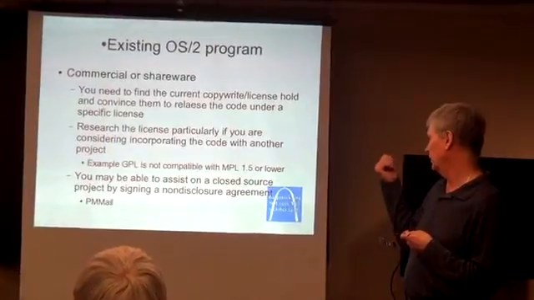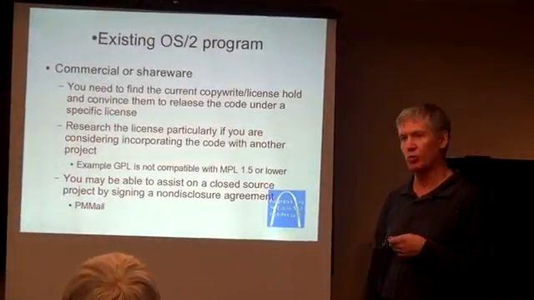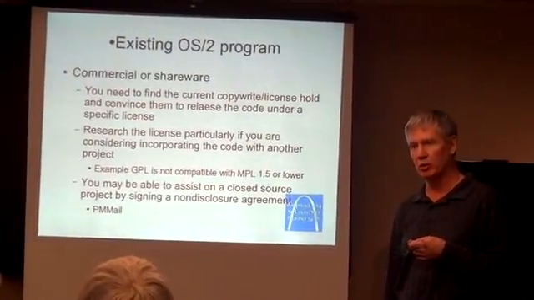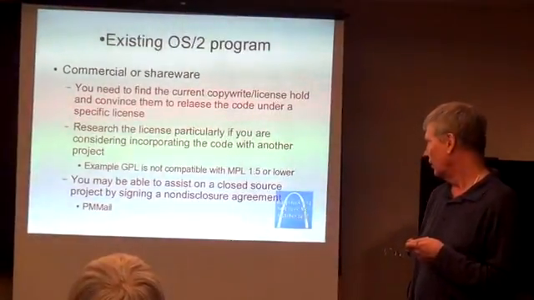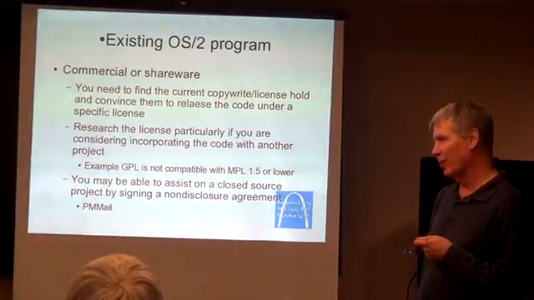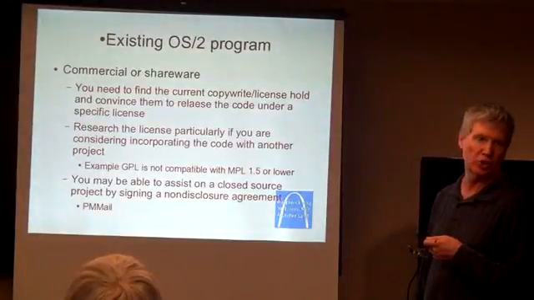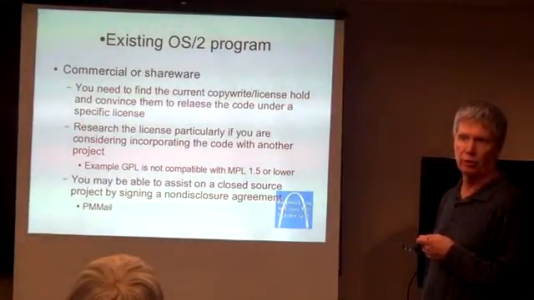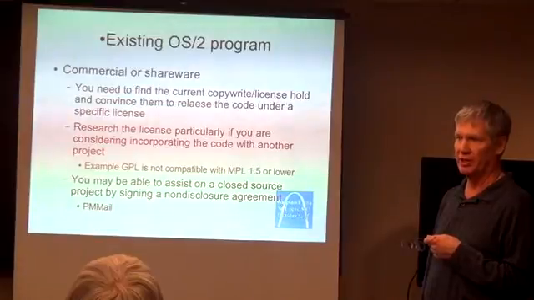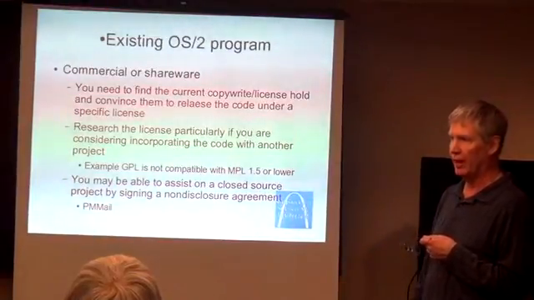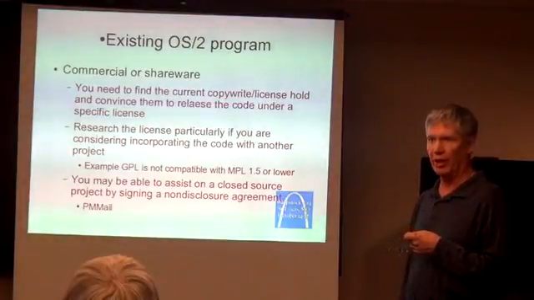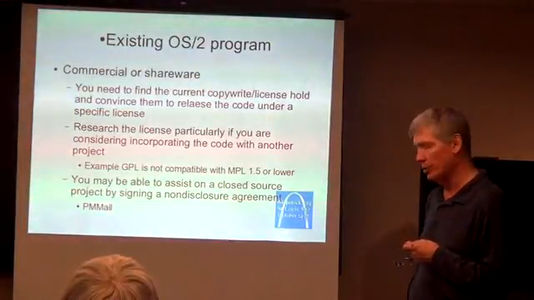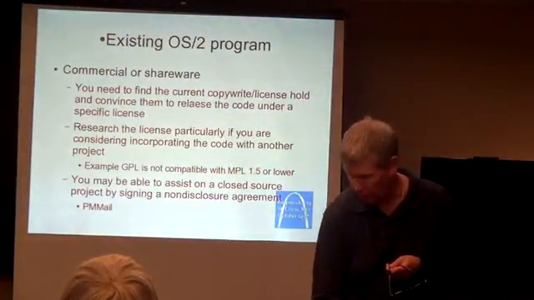Because the Mozilla license 1.5 or lower you can't use with GPL, at least you can't legally use with GPL. I'm sure that's happening all the time. But there are other cases like that, so if you are going to go to all the trouble to get somebody to put something out as open source, make sure it gets licensed in such a way that we can get maximum utility out of it.